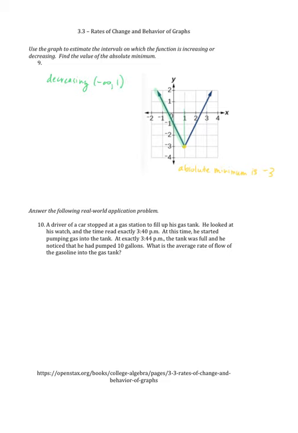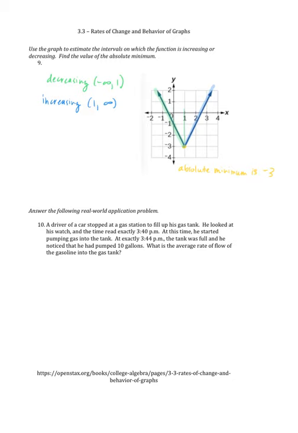Remember, increasing and decreasing, you're looking at the x values. And then at the absolute minimum, it changes direction, and I start increasing, and I'm going to increase forever to the right. So the increasing, it would start at 1, and from 1 to infinity, it's increasing. And that's all it asked us to do there.